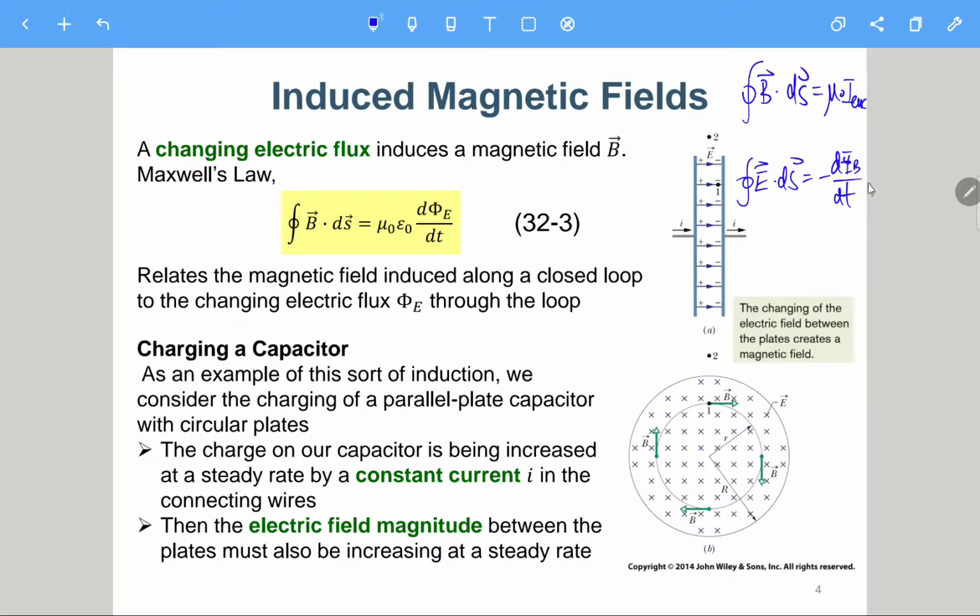For the Faraday's law, if we have changing magnetic flux, there will be some induced electromotive force. In this case, if we have a changing electric flux, then there will be magnetic field generated. So this relates the magnetic field induced along a closed loop to the changing electric flux phi E through the loop.